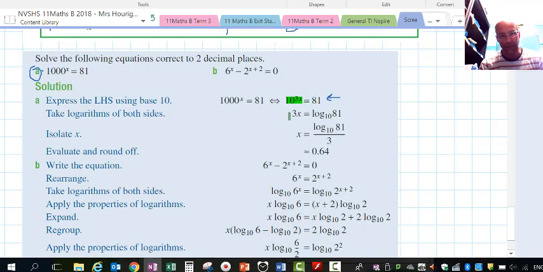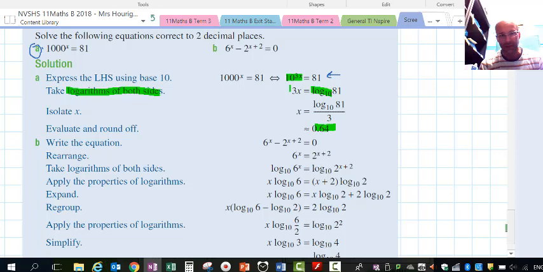And then basically we're rearranging it into logs, or in other words, we're taking logs of both sides to base 10. So we're just left with the index there, and on the right hand side we've taken log to base 10. Alright, so we're taking logs to both sides, and they've got to be to the same base. What you do to the left, you do to the right. Then we rearrange, divide by 3, and we get 0.64. That part can be done on the calculator.